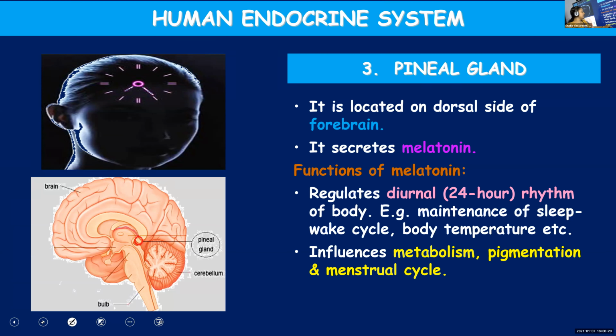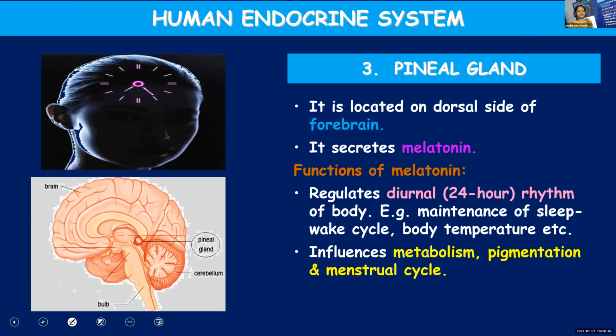Apart from regulating the diurnal rhythm, it also plays an important role in metabolism. You know what is metabolism? The sum total of all the reactions taking place in the body. So these are the different functions carried out by the hormone melatonin synthesized by the pineal gland.